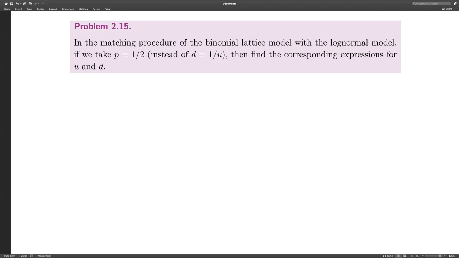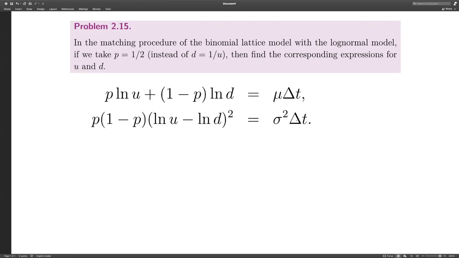There we got two equations given like this, and we had three unknowns. But what we did is we took d is equal to 1 by u in these equations, and we reduced these two equations with two unknowns. Then we solved these equations to get those two unknowns u and p. That is what we did in the class.